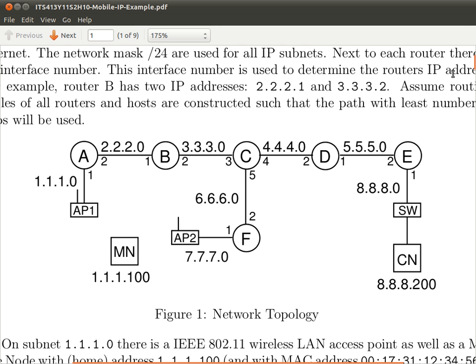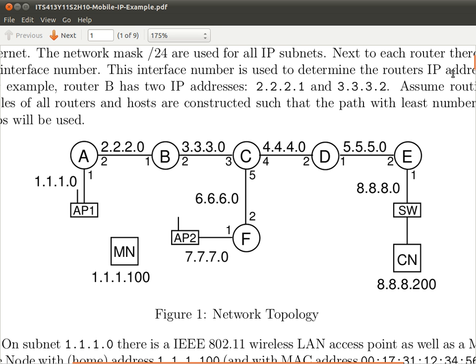Importantly, from the application's perspective, the IP addresses of the source and destination of that packet are the same as when we were in our home network: source 888.200, destination 111.100.